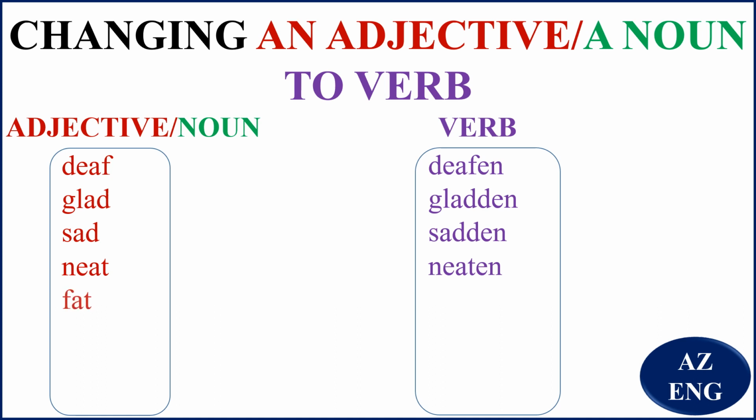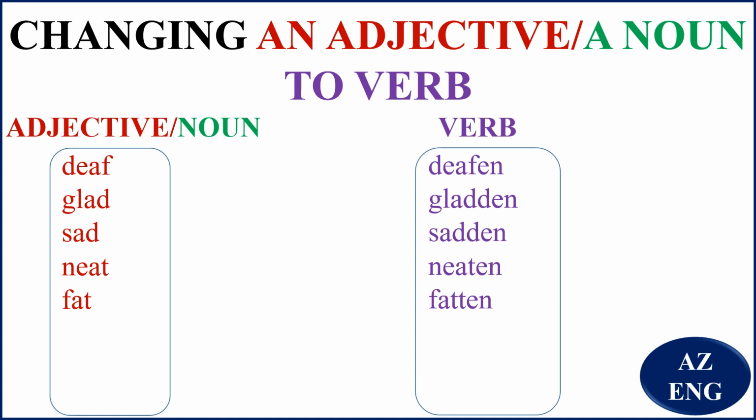Fat, that is not thin. So to increase the fatness of, let's say, an animal, what do you do? You fatten. I am trying to fatten my chickens because I want to slaughter them, for example.